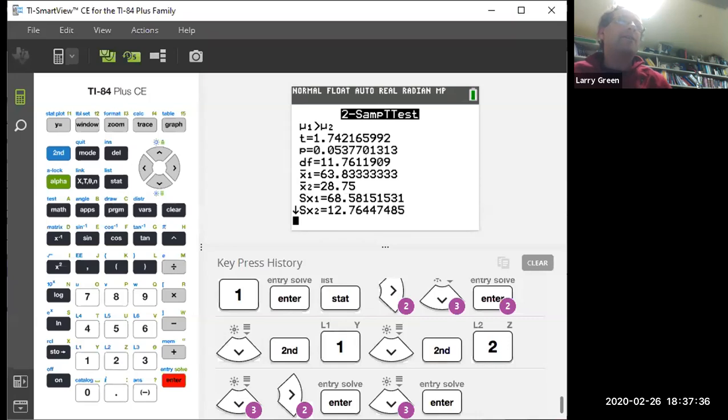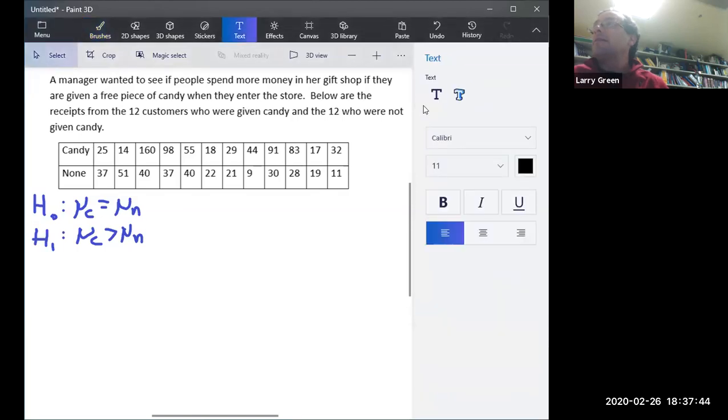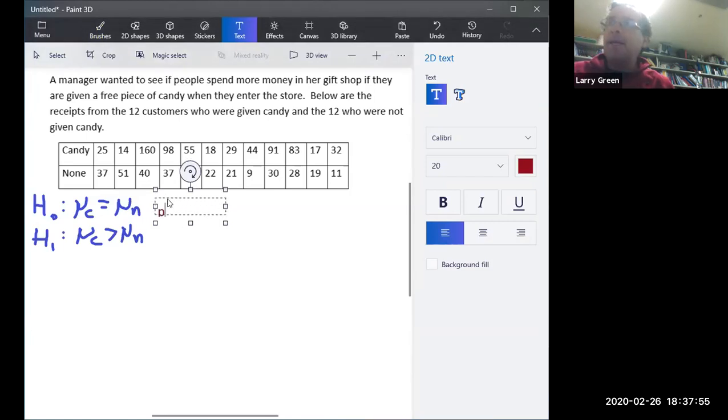Okay, so let's go ahead and write our conclusion out. So P was equal to 0.054, which is greater than 0.05. If it doesn't say, 0.05 is what we typically use.